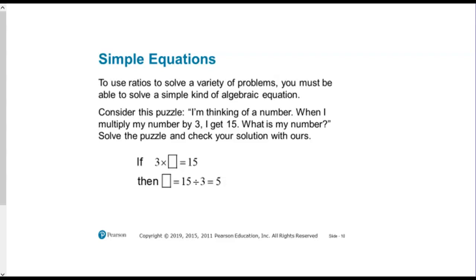What's my number? And a whole lot of you probably can do that in your head. And you say, okay, well, I know that 3 times some number is going to be 15. And I know that if I put a 5 in there, then 15 divided by 3 equals 5.